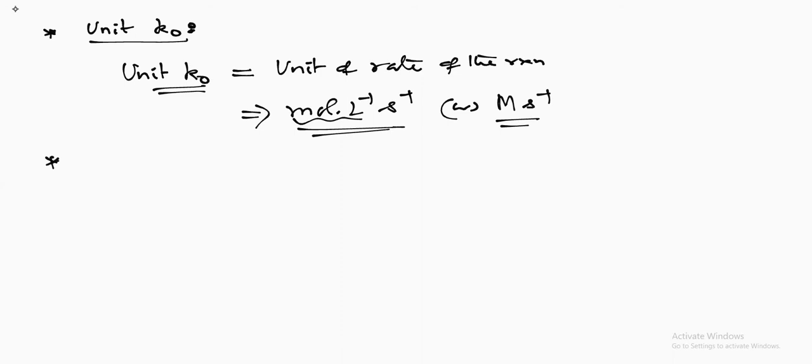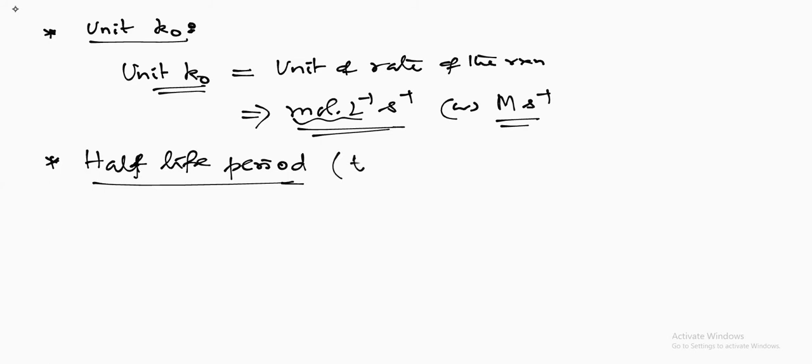Then the next important point is half-life. Half-life period or half-life time of a reaction, which we represent by the symbol t half. What is meant by the half-life period of a reaction?